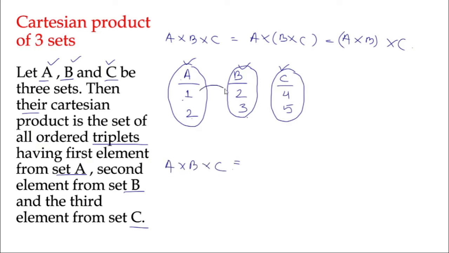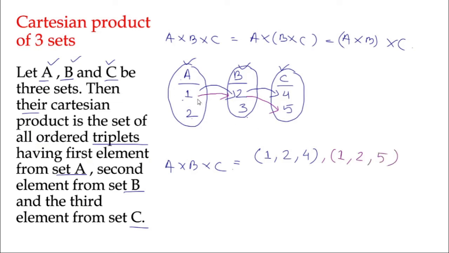I will pick 1, pair it with 2, then pair it with 4, as (1, 2, 4). Next, I will again pick 1, pair it with 2, and here pair it with 5, like (1, 2, 5).